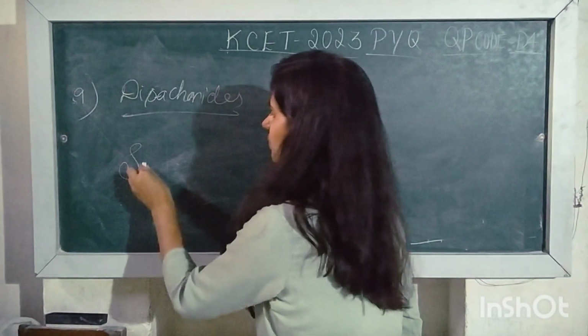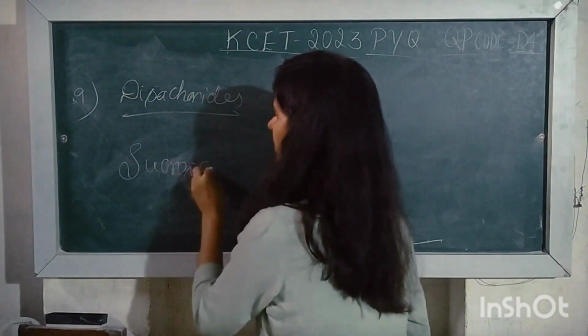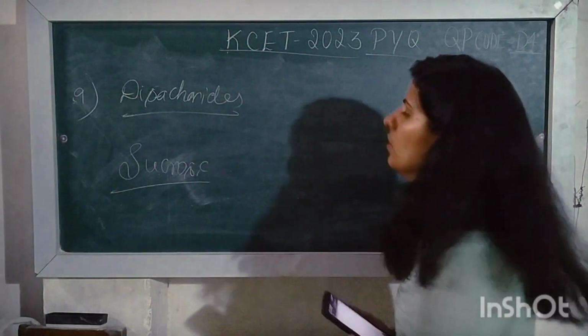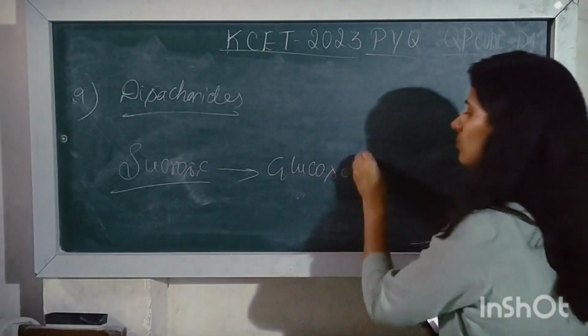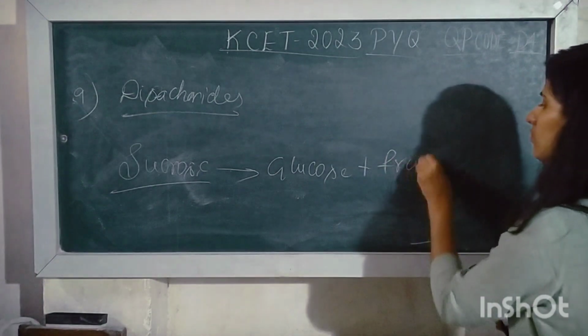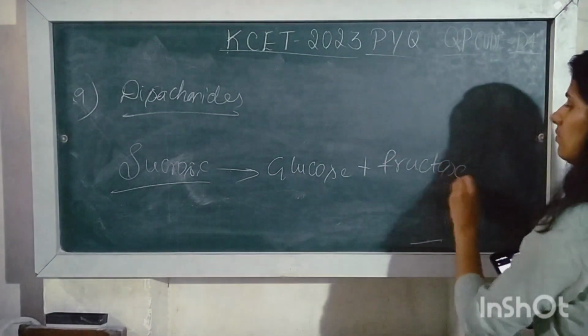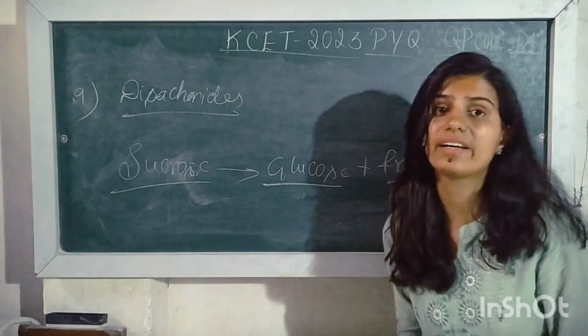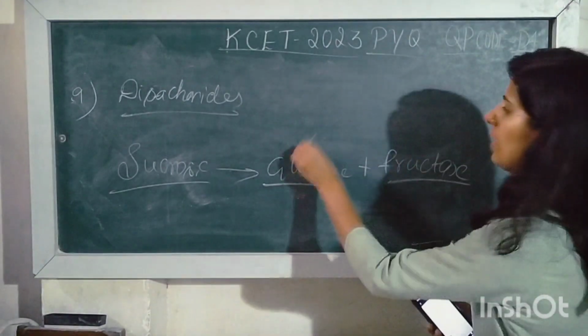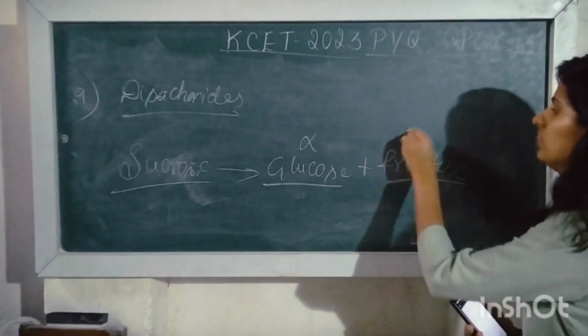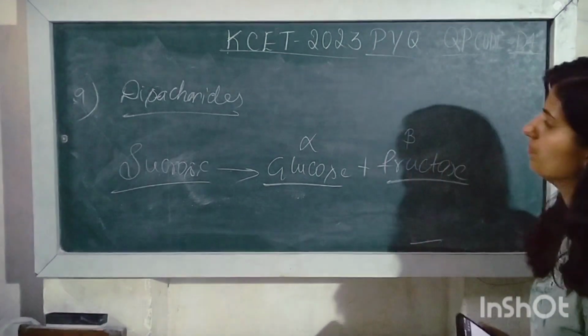We know that sucrose is a disaccharide, right? Which on hydrolysis gives glucose and fructose. These are two monosaccharides which are present in the sucrose, right? This is alpha glucose and this is beta fructose.